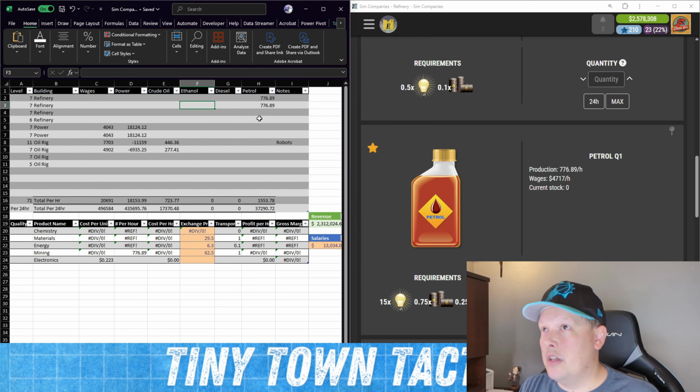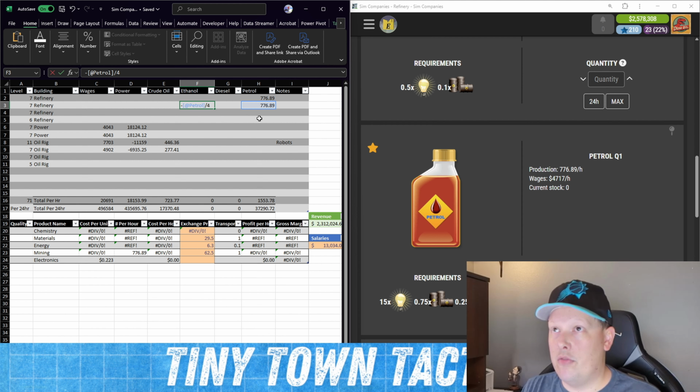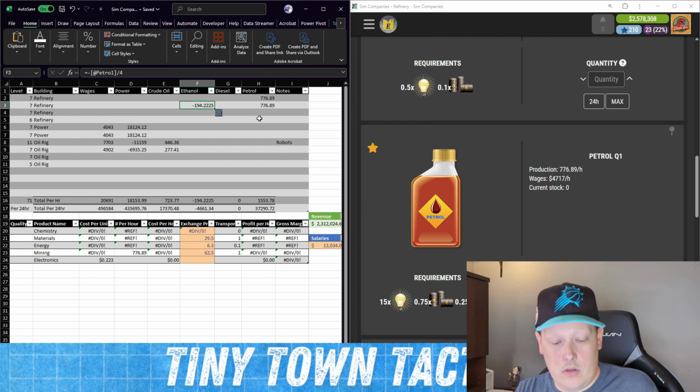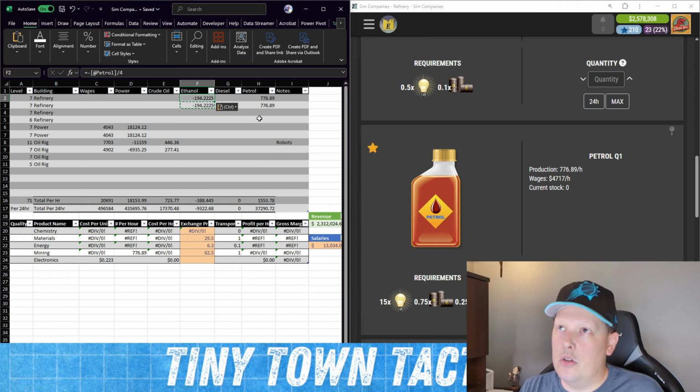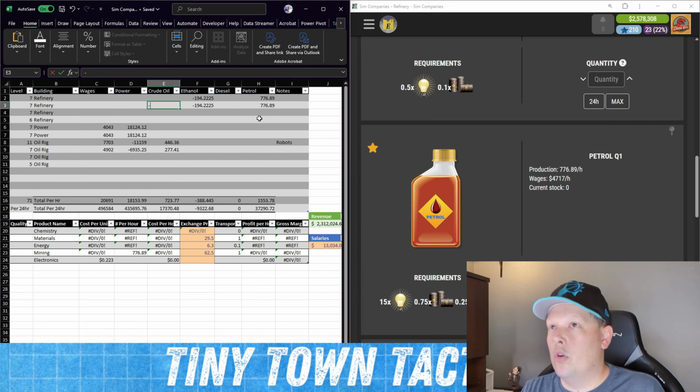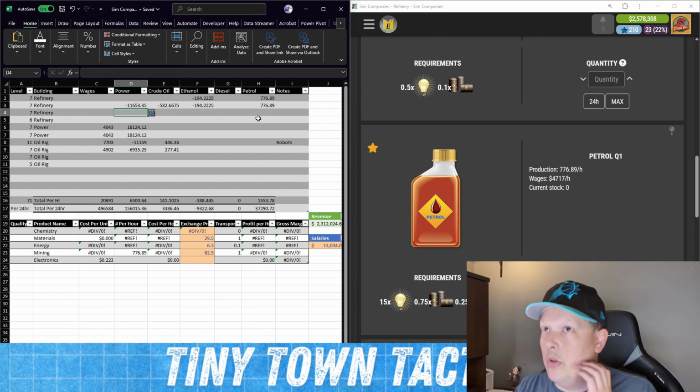So on this, it is a quarter. So minus this divided by 4 for the ethanol. Gosh, why does it do that? Okay. For crude oil, it's minus this. We'll do times 0.75. And then for power, it's minus the amount of petrol times 15. Right. So yeah, we're starting to get real hairy real quick.